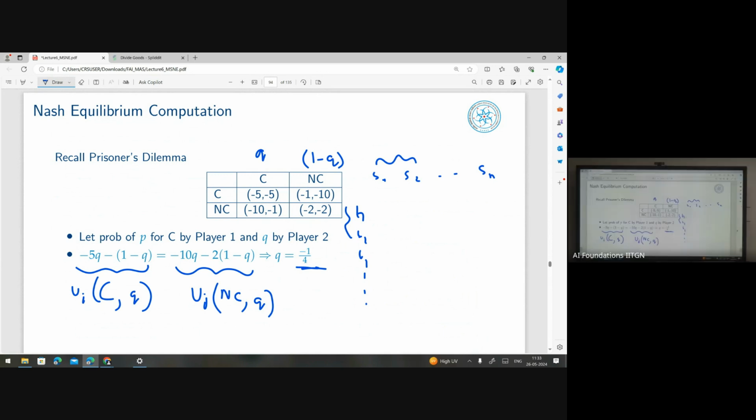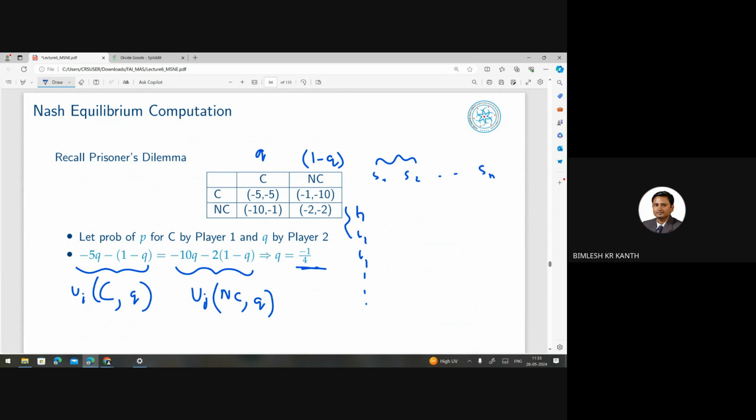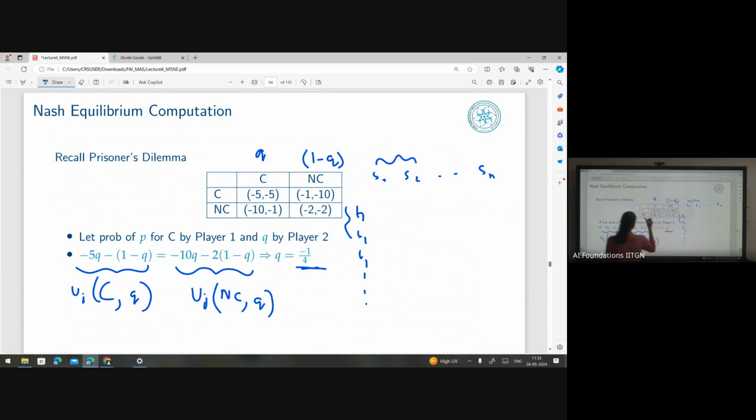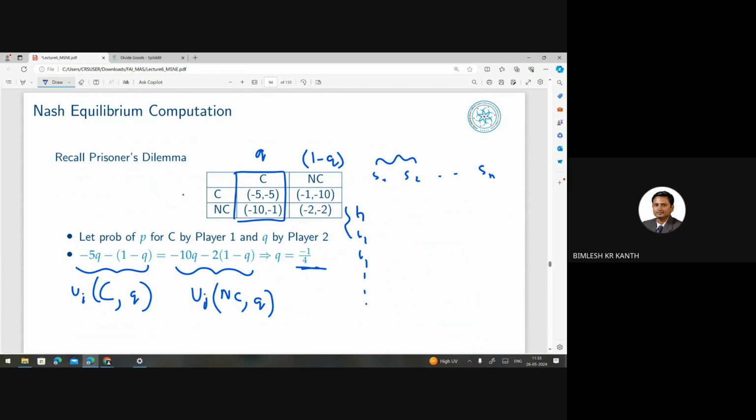So here you're assuming that, so for player one, there is no reason for player one to play NC. So there is no reason why player one will play NC with any positive probability. Correct, because it has better payoff. Because if player 2 plays C, player 1 will never play NC.